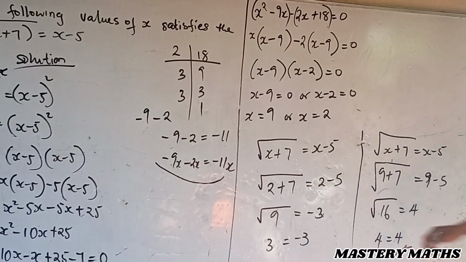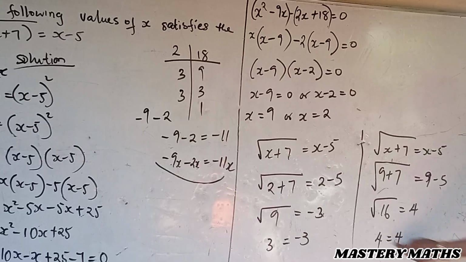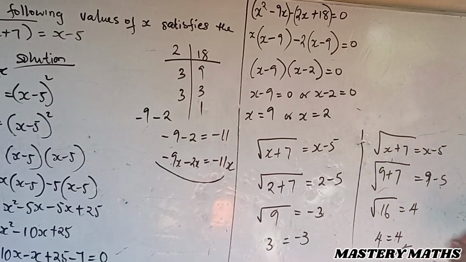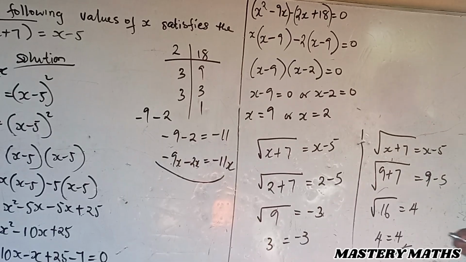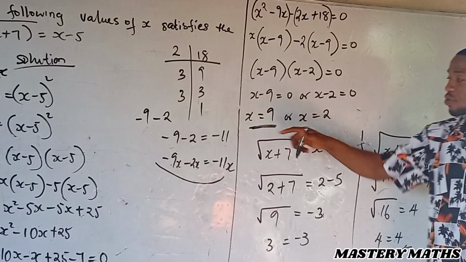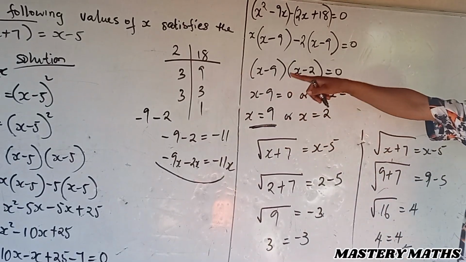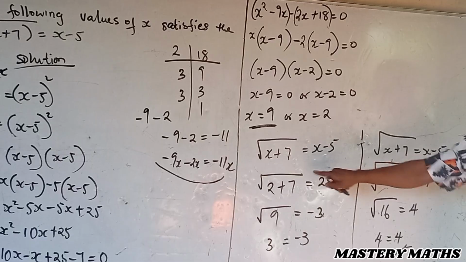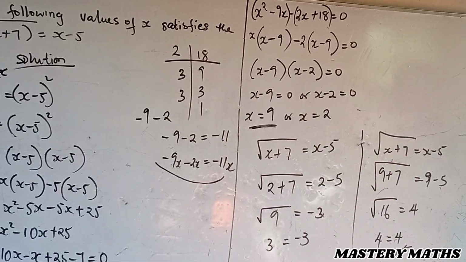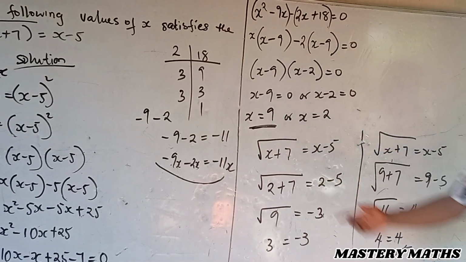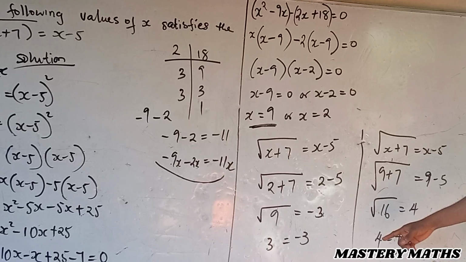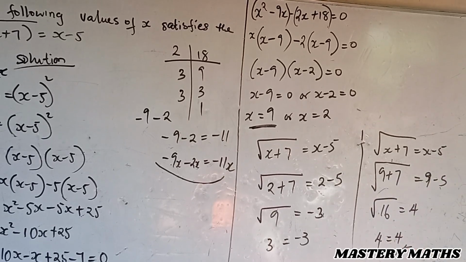Yes, so this gives us what we are looking for. Both balance. The right hand side is balanced with the left hand side. So our answer here is x equal to 9. So x equal to 9 satisfies this equation. So the answer to the x is x equal to 9 because the right hand side is balanced with the left hand side.